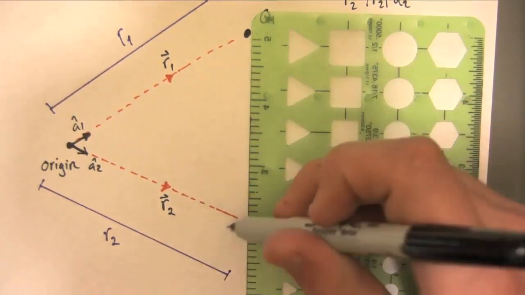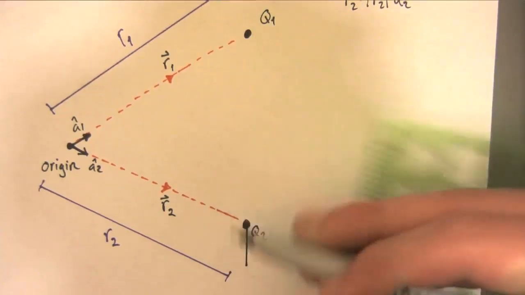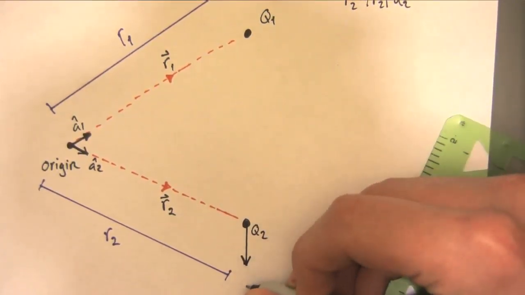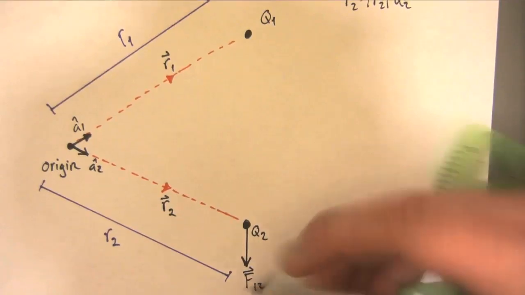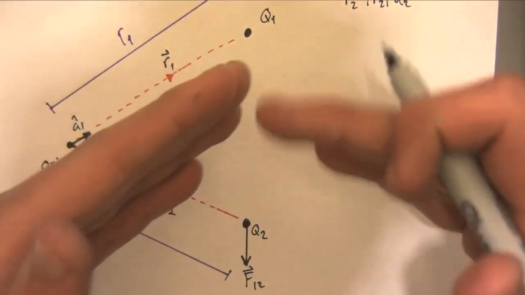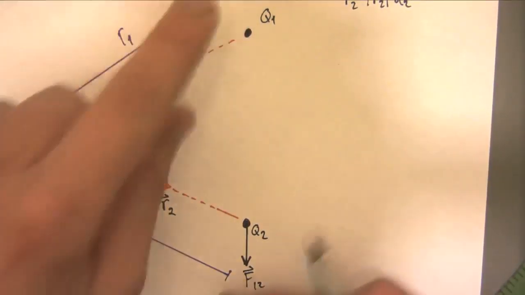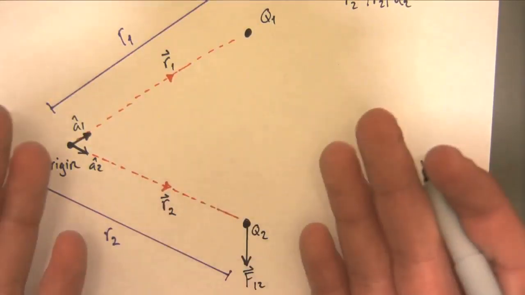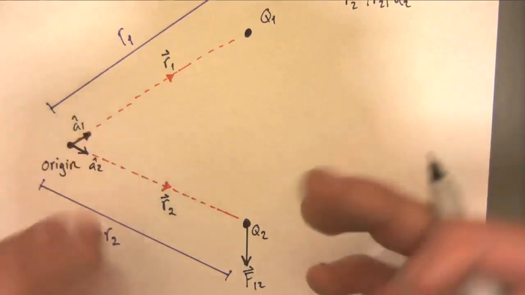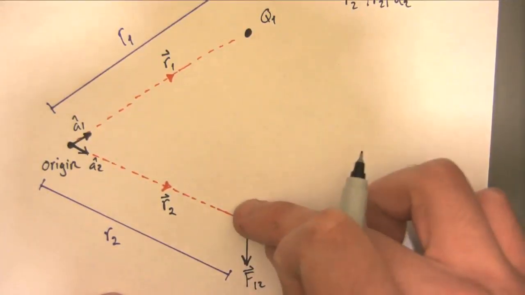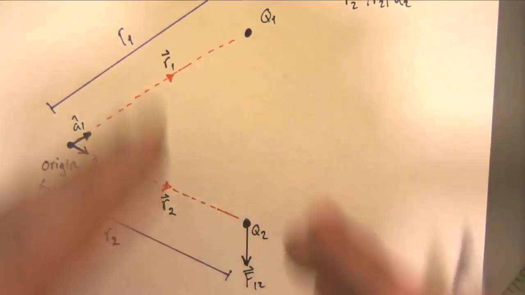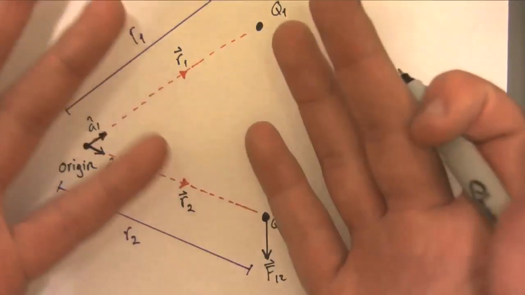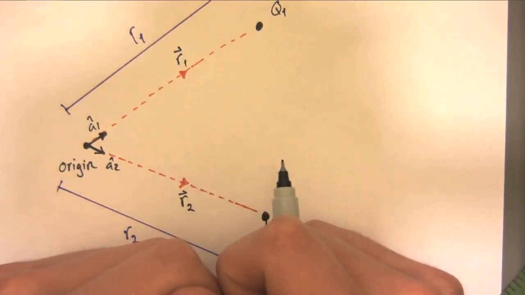If we define our R in this direction, that means the force that Q1 exerts on Q2 will be pointing in that direction, which would be right. It would push it away from Q1. And if Q2 is actually negative, positive times negative is a negative, it's going to be pointing in that direction, which means it pulls. Exactly how we described it earlier.